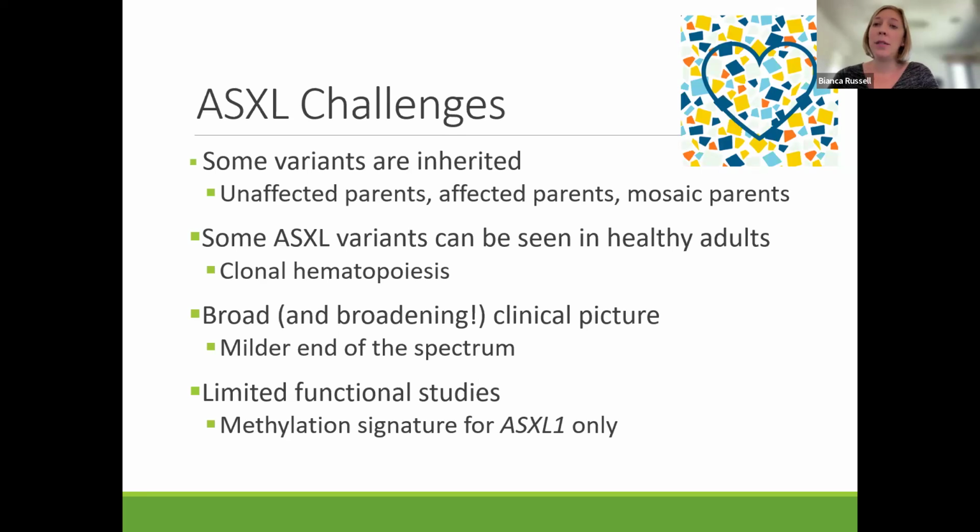And those types of studies are really quite limited in ASXL. We have a methylation signature for ASXL1 only. And so we can use that to help interpret any variations we see in ASXL1, but the tools for ASXL2 and 3 are still being looked at. And so we don't always have a good way of understanding what someone's specific letter change in an ASXL gene might be doing specifically in their body. But it's certainly something we want to work on.